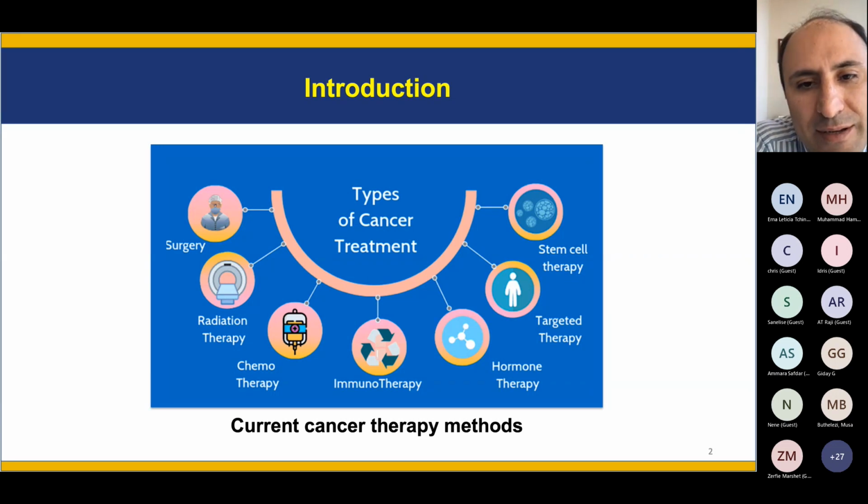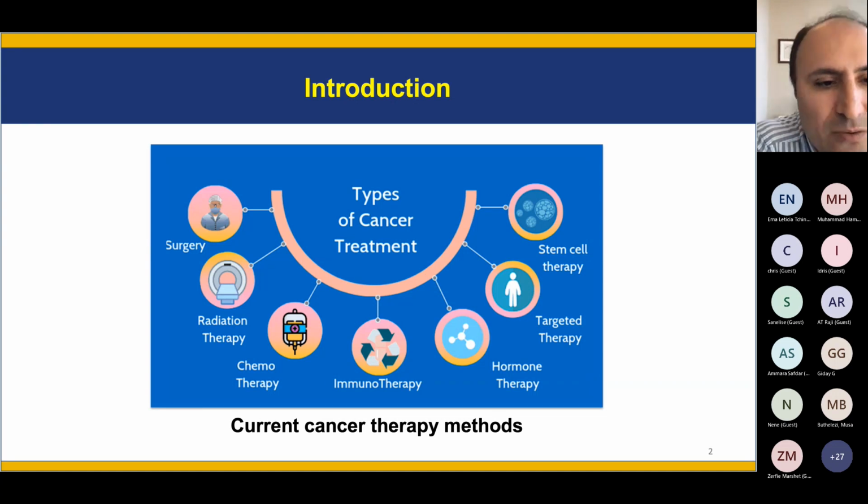I have recently been doing some research in the field of combining cancer nanotechnology and stem cell therapy, to use stem cells for nanoparticle delivery to cancer cells. I will talk about this maybe at the end of this talk, but let's get back to the current conventional methods for cancer therapy: surgery, radiation therapy, and chemotherapy.